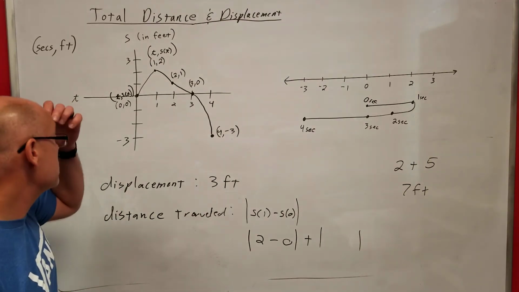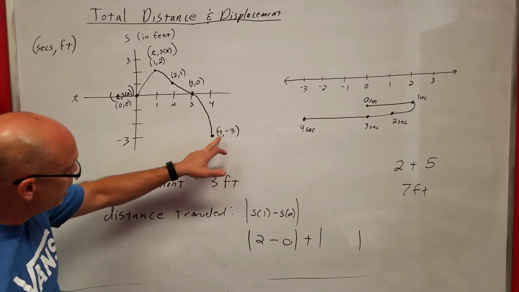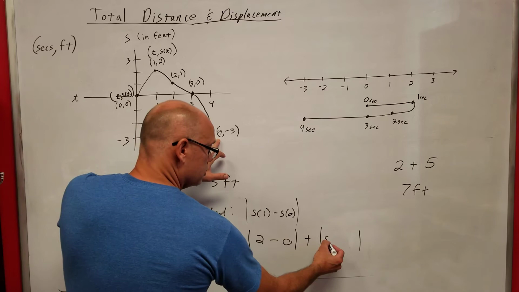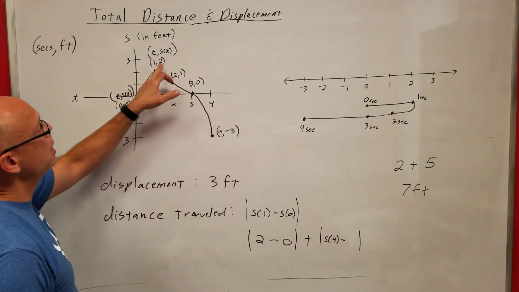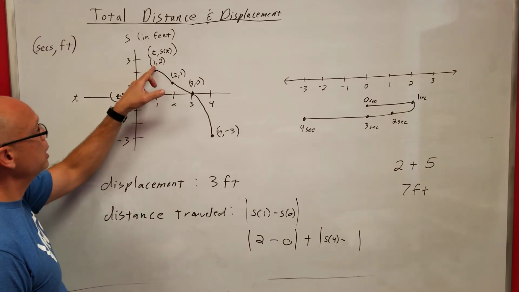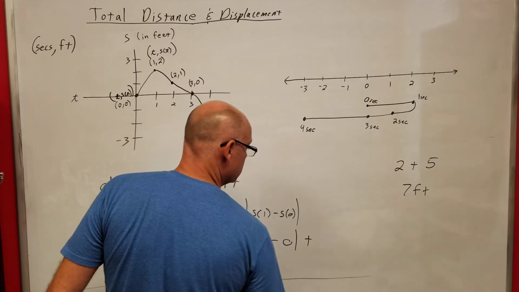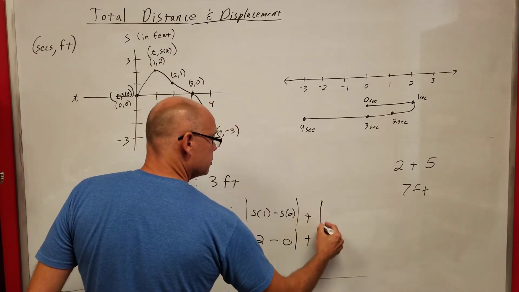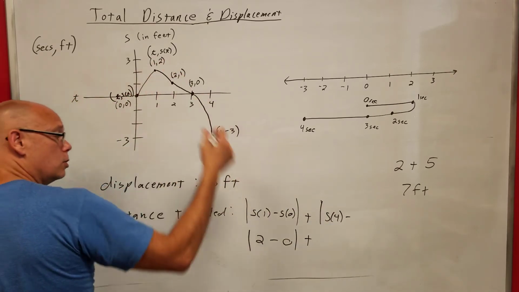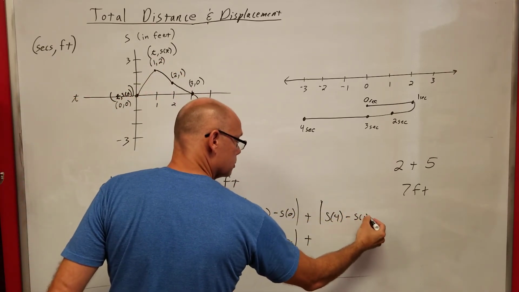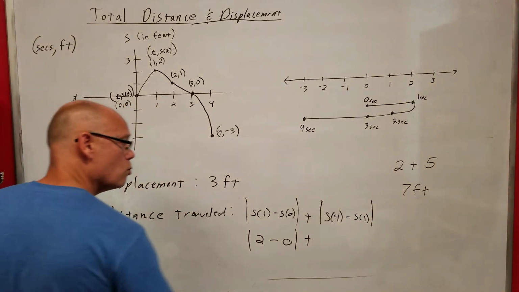Now what I do is I say, this output here, so s evaluated at 4, minus this output up here, s evaluated at 1. Plus the absolute value of s evaluated at 4 minus s evaluated at 1. So my position function evaluated at 4 minus my position function evaluated at 1.